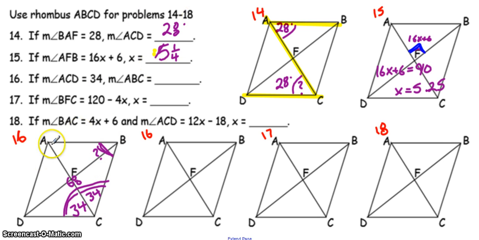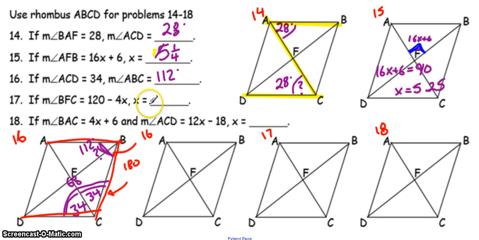Again, that's because we have these two parallel lines, AB and DC, and this transversal. And so these are two same-side interior angles. So this whole angle and this whole angle here should add up to 180 degrees. 180 minus 68 leaves us with 112 degrees. And that is the measure of angle ABC, 112.